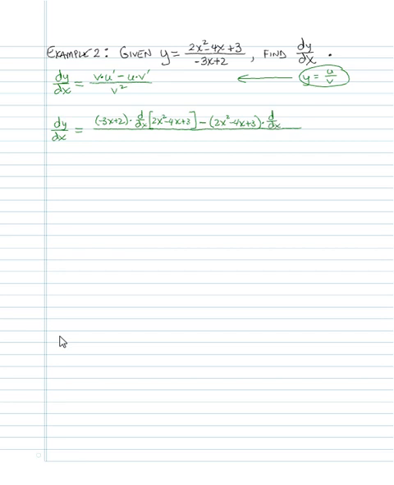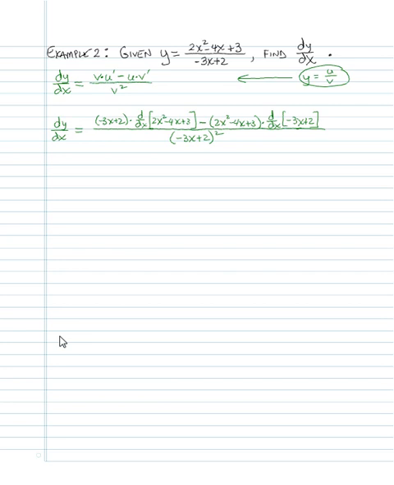Well, there's the derivative of, and of course the denominator is negative 3x plus 2. So I haven't done any calculation of derivatives. I'm just writing that's what I need to do. And then the denominator of the result is the old denominator squared. So it would look like that. Okay.